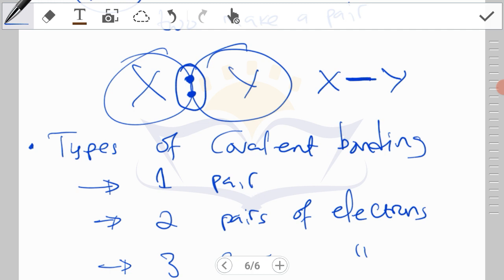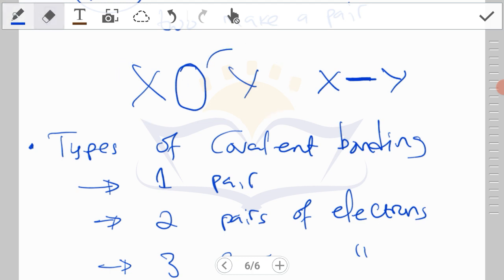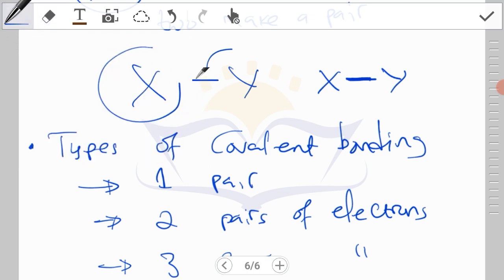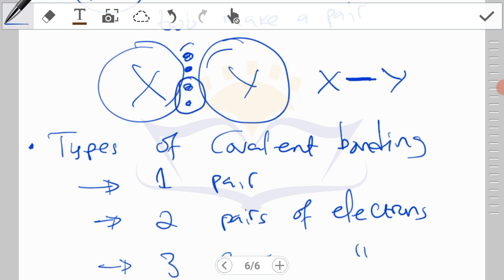We can represent it by this. Koma, let's say we had a scenario where there were two pairs of electrons shared. So instead of two electrons shared, let's say we had maybe 2 pairs of electrons between X and Y. So between X and Y, we had this pair and this pair. So this is pair 1, this is pair 2.